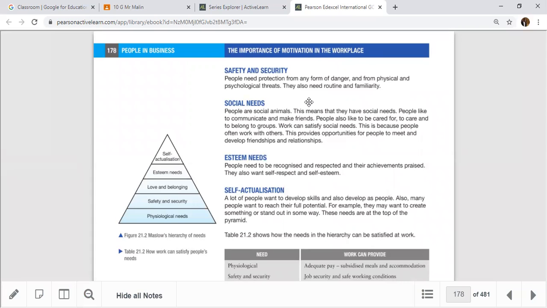And finally, self-actualization needs. A lot of people want to develop skills and also develop as people. Many people want to reach their full potential. For example, they may want to create something or stand out in some way, and these needs are at the top of the pyramid.